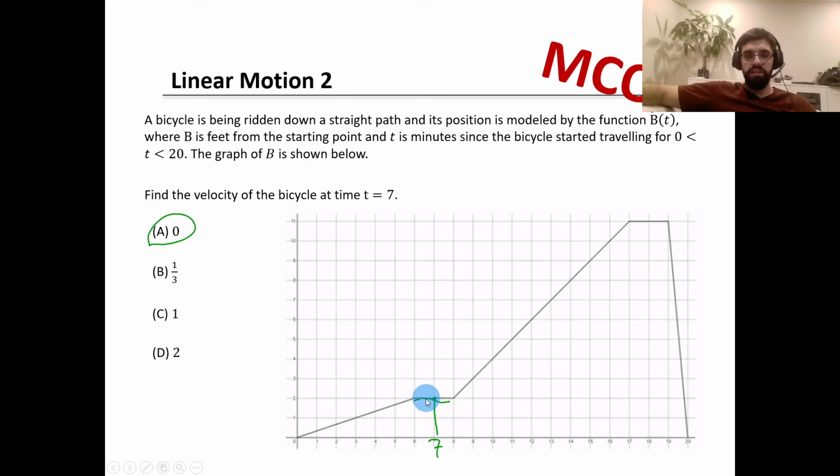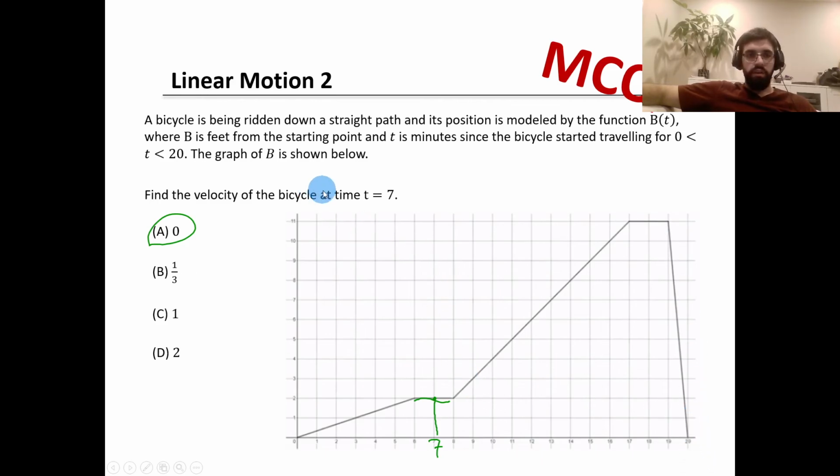His position is not changing. Then from 8 seconds to 17 seconds, he's moving again, but we have a steeper line, so he's moving much faster than in the beginning. From 17 to 19 seconds, he stopped again, and then we have a very steep line going back to 0 from 19 to 20. So however fast he was going from 8 to 17, he's going super fast that last second.